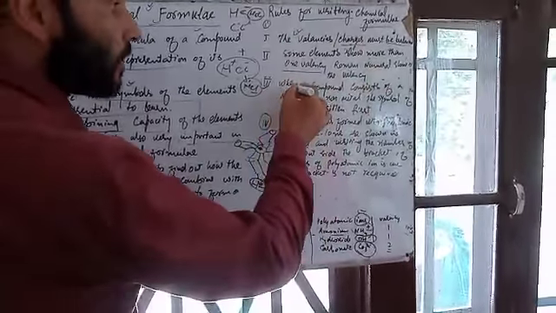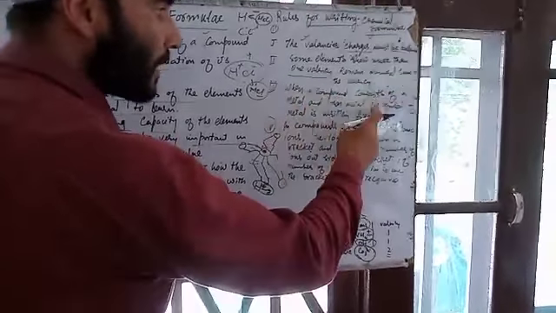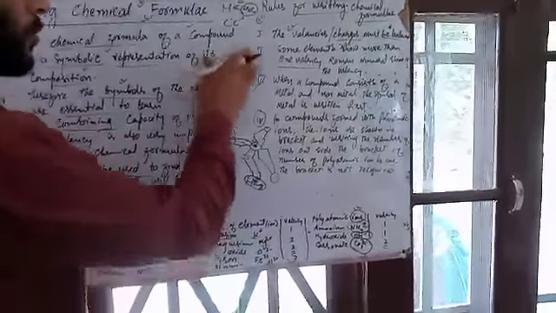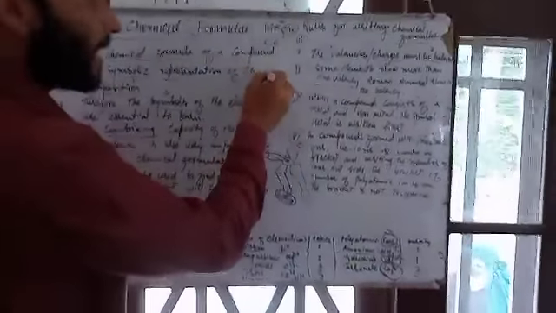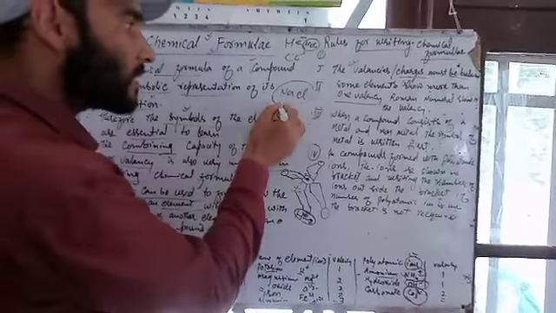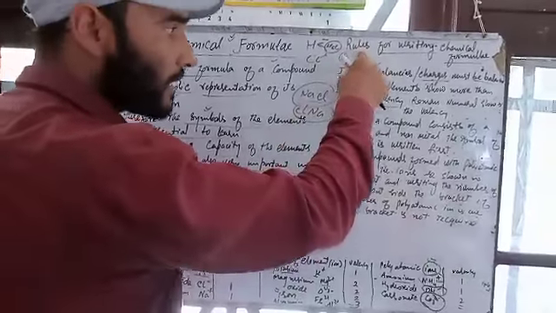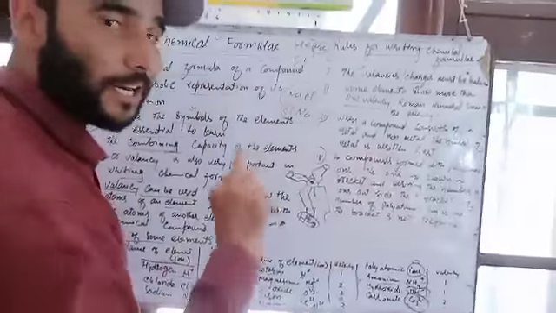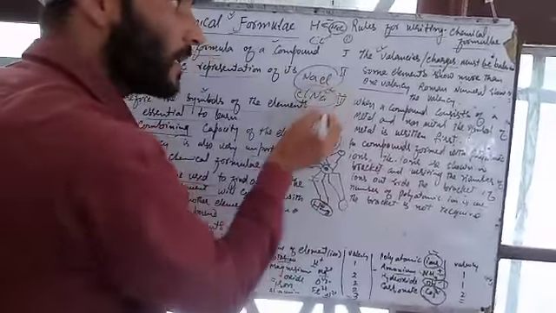Next, when a compound consists of a metal and a non-metal, the symbol of the metal is written first. For example, take another compound, NaCl. Why do we write NaCl? Why can't we write ClNa? The rule says that when a compound is made of two elements, one metal and one non-metal, you have to write the metallic element first.